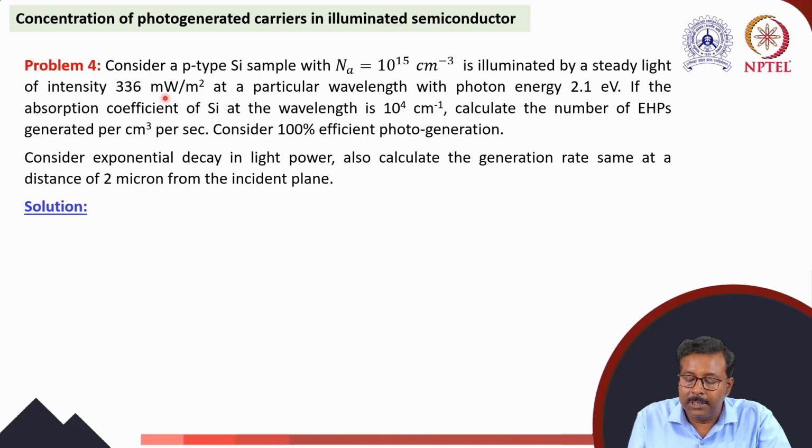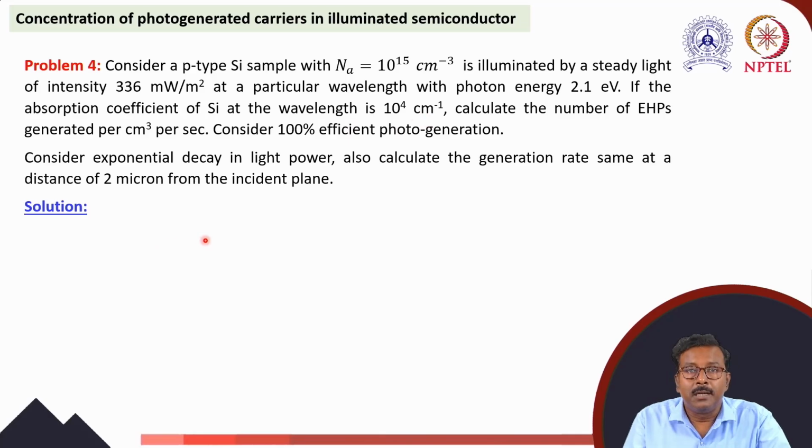So to proceed with this problem, let us understand the problem. You see the steady state light intensity is given and this alpha is also given.